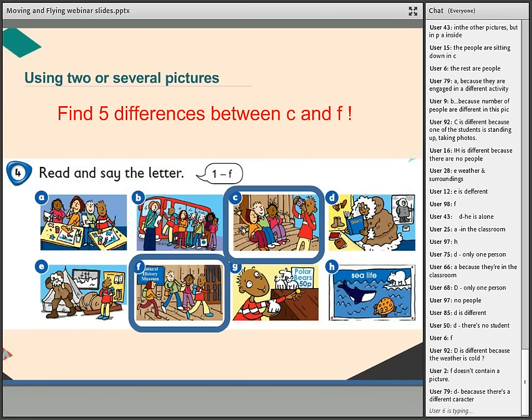Okay. Let's look now at a task that is in both the movers and the flyers speaking tests. Can you find 5 differences between pictures C and F?